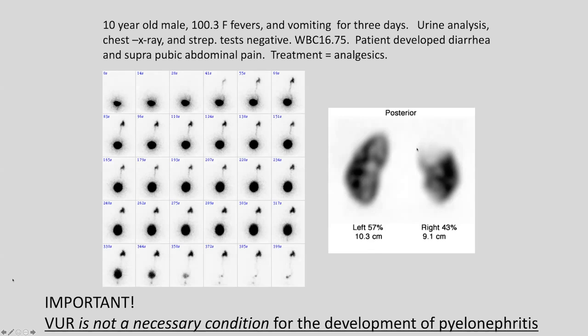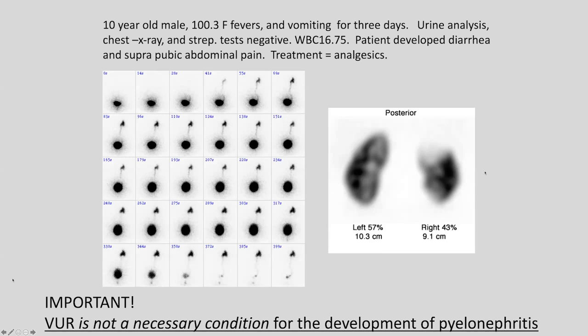They will examine the patient with DMSA first. If the DMSA is normal, then they will not proceed to do a cystogram. If it's abnormal and they need to determine if reflux is part of the picture, then they will proceed to do a cystogram.